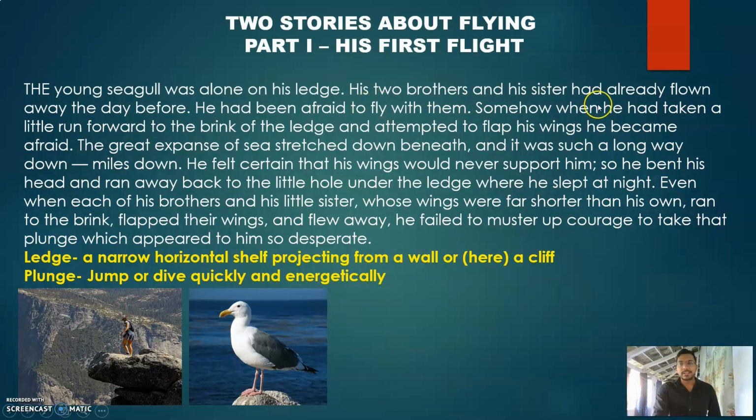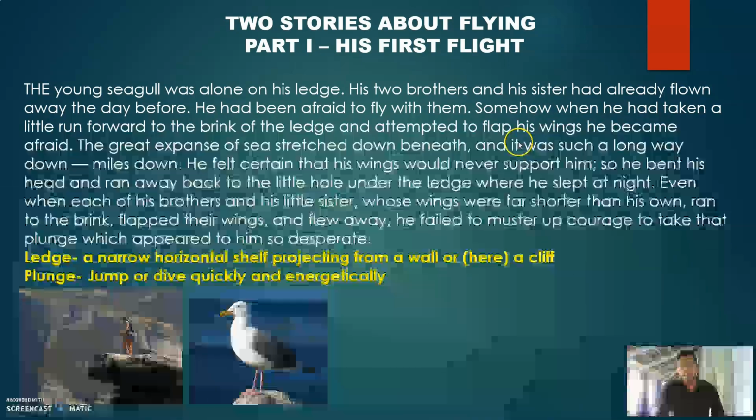His two brothers and his sister had already flown away the day before. We are talking about the first flight of the baby birds, and the sister and the brothers have already completed their first flight. But the main character of this story, our seagull, somehow when he had taken a little run towards the brink, means the edge, the brink of the ledge, and attempted to flap his wings, he became afraid.